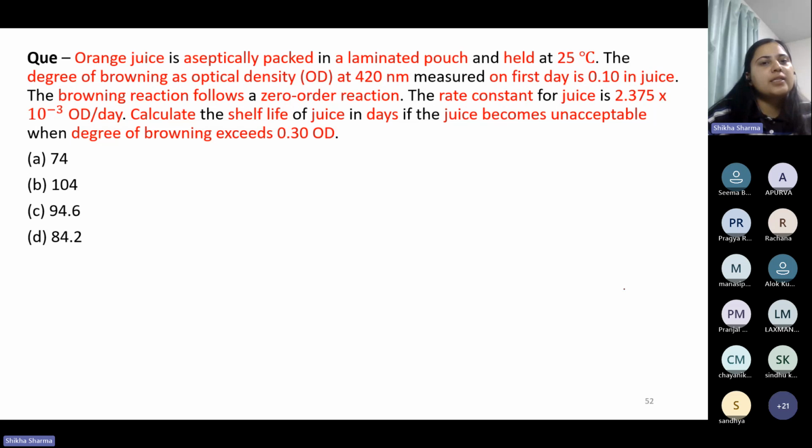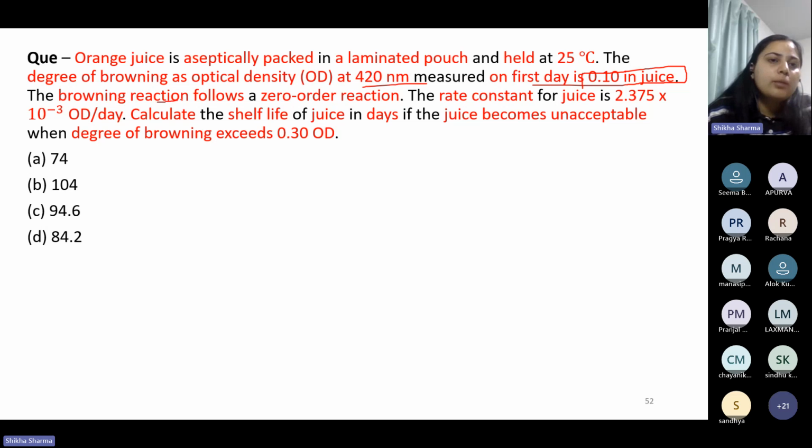Orange juice is aseptically packaged in a laminated pouch and held at 25 degrees Celsius. The degree of browning, as OD, which is optical density at 420 nanometer, measured on the first day in the juice is 0.1.